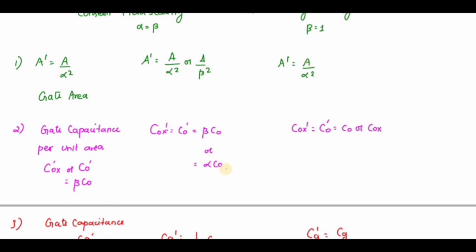It is better to write in terms of alpha. So if you write it in terms of alpha, you don't consider the beta value: C naught bar is equal to alpha into C naught. Similarly, for constant voltage scaling, you can substitute beta value as 1, right? So Cox bar is equal to C naught, or Cox.